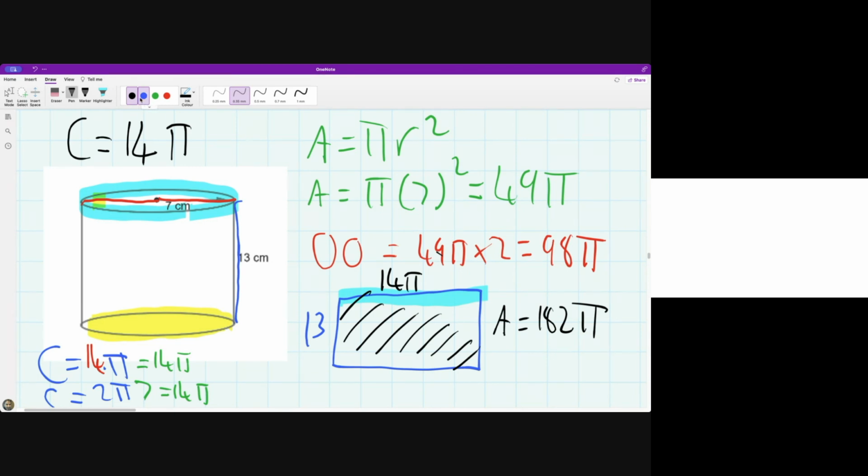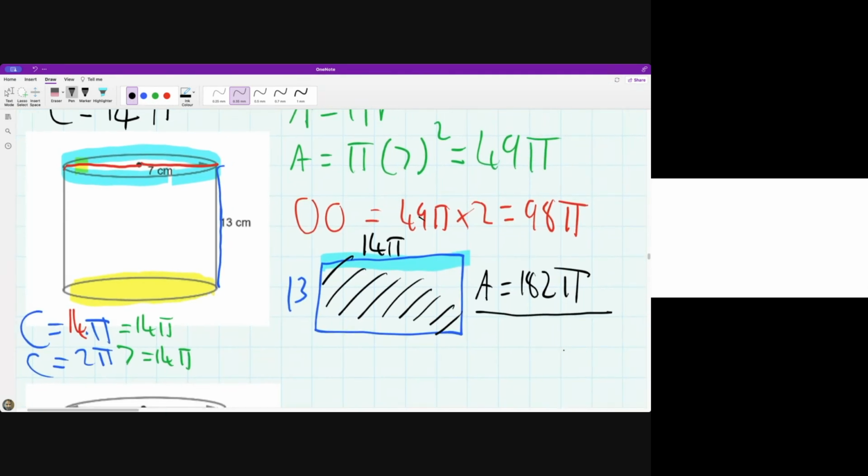What is the surface area of the whole shape? I just need to add together these two. The 2 circles were 98 pi and the rectangle was 182 pi. So 98 plus 182 gives 280 pi for the surface area.